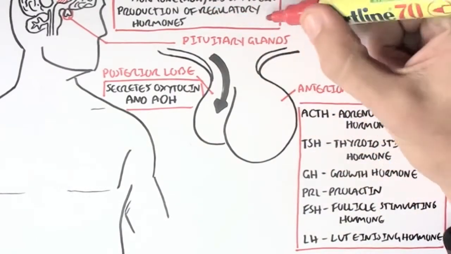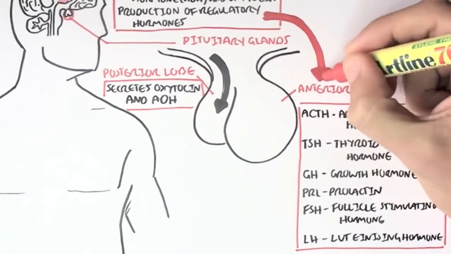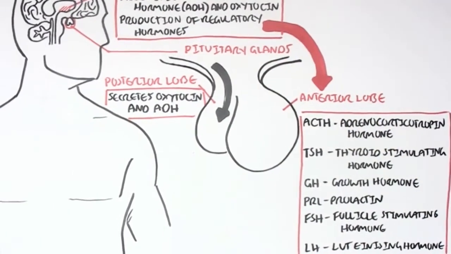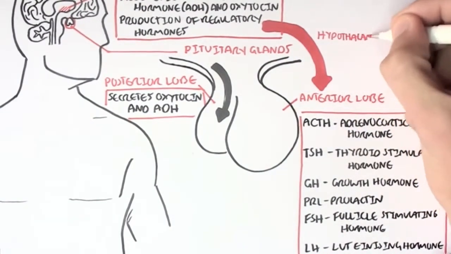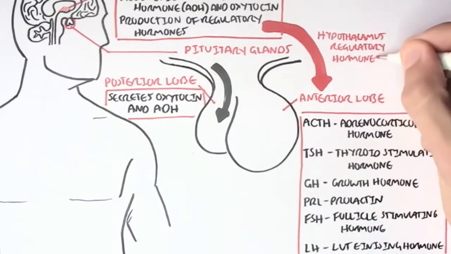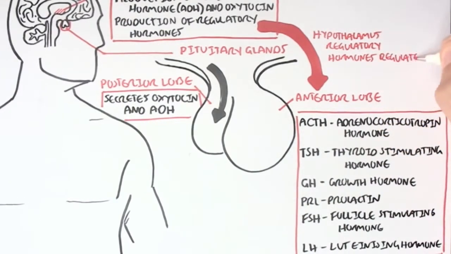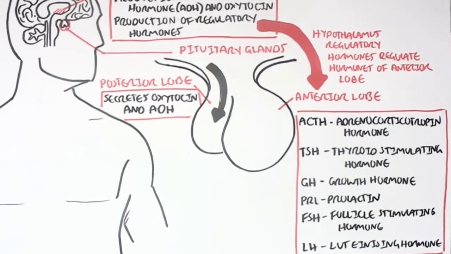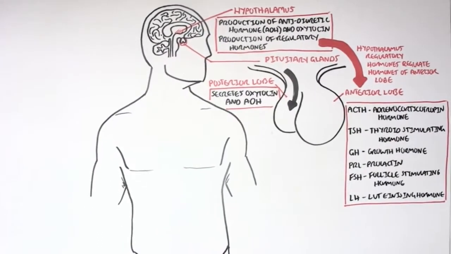So these hormones that are secreted by the anterior lobe are regulated by the hormones from the hypothalamus. If you remember, the hypothalamus secretes regulatory hormones that regulate the secretion of the anterior hormones, if that makes any sense.